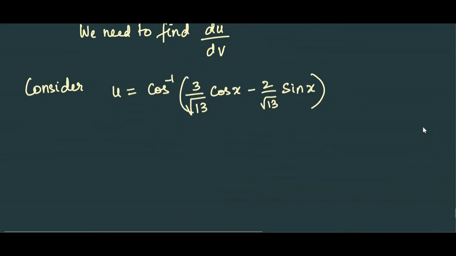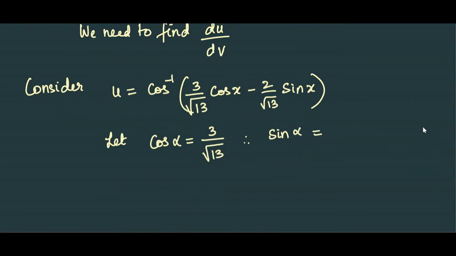Now let cos alpha be 3 upon root 13. Therefore, sin alpha will be 2 upon root 13. So 9 plus 4, 13 you will get. Now you square and add, you will get 1.